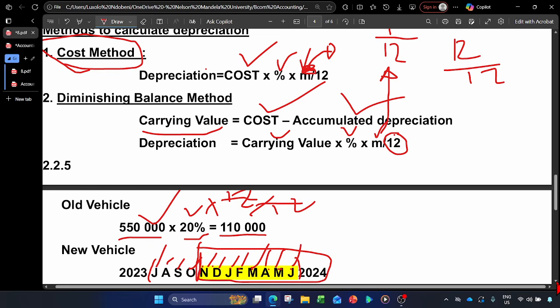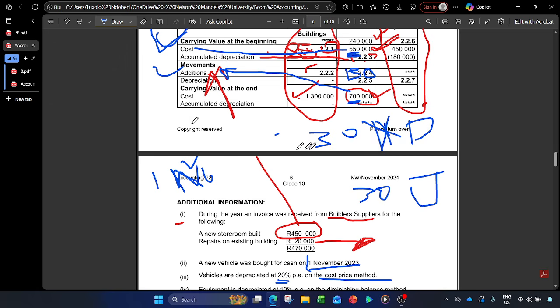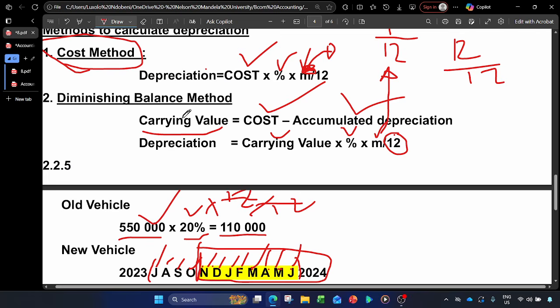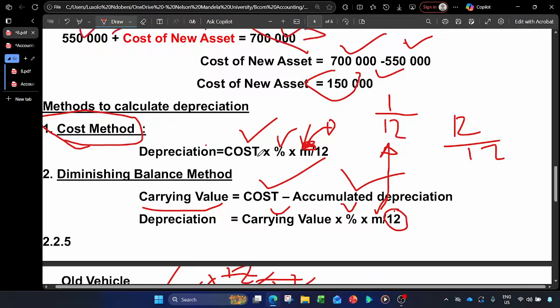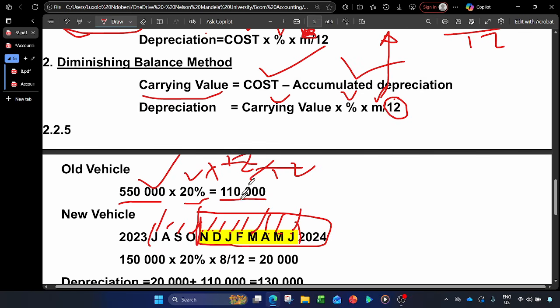So the depreciation that we are calculating is for 8 months. And which cost are we using? We are using the cost of the new asset, and the cost of the new asset we calculated in 2.2.4. It was 150 or 130. I think it was 150. Yeah, it was 150. So let's see how we calculate that. Depreciation is 150 because we're using the cost method, times the percentage, then times the months divided by 12.